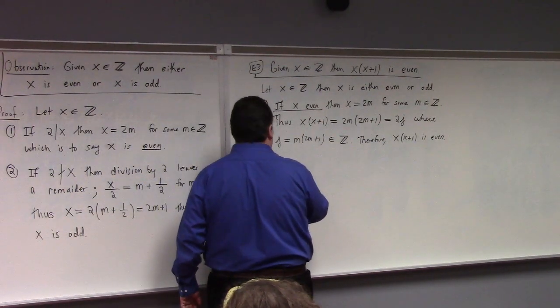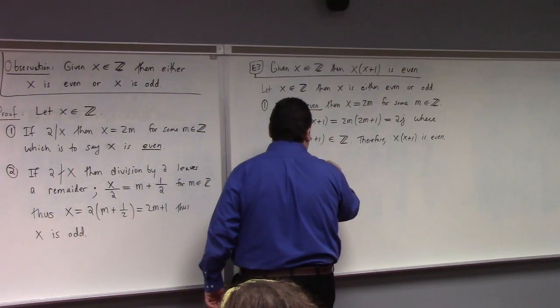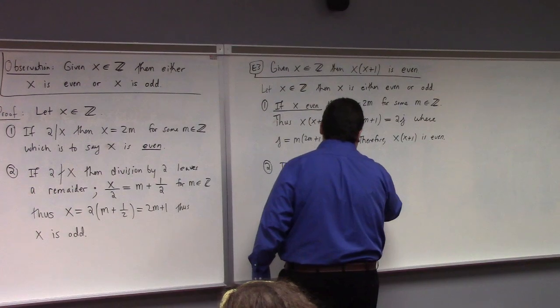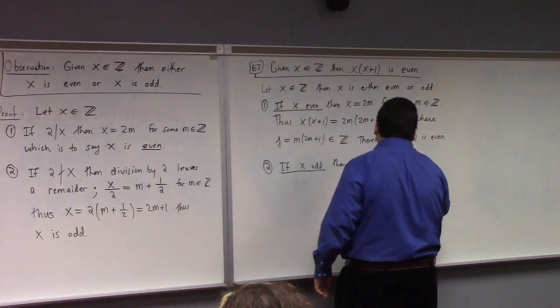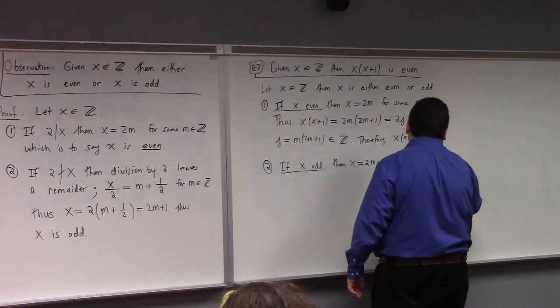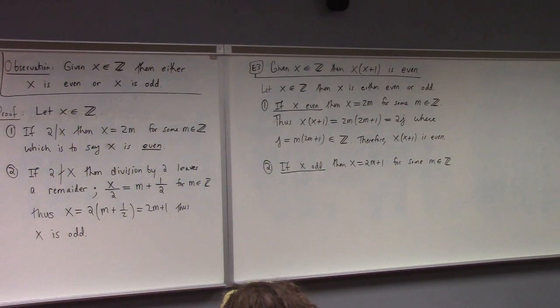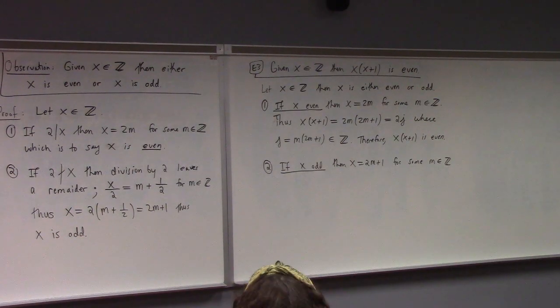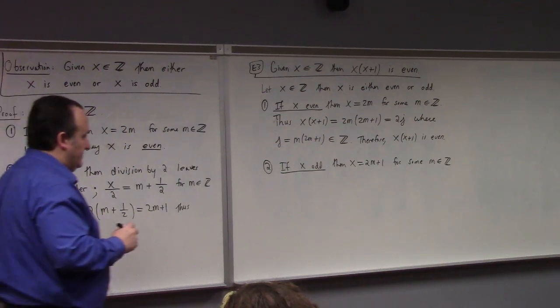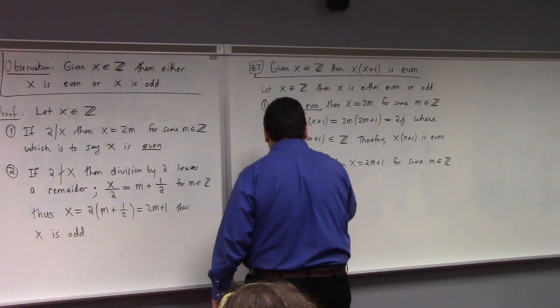X is odd. If x is odd, then x is equal to 2m plus 1 for some m in the integers. Thus, I'll be boring and use the same language.